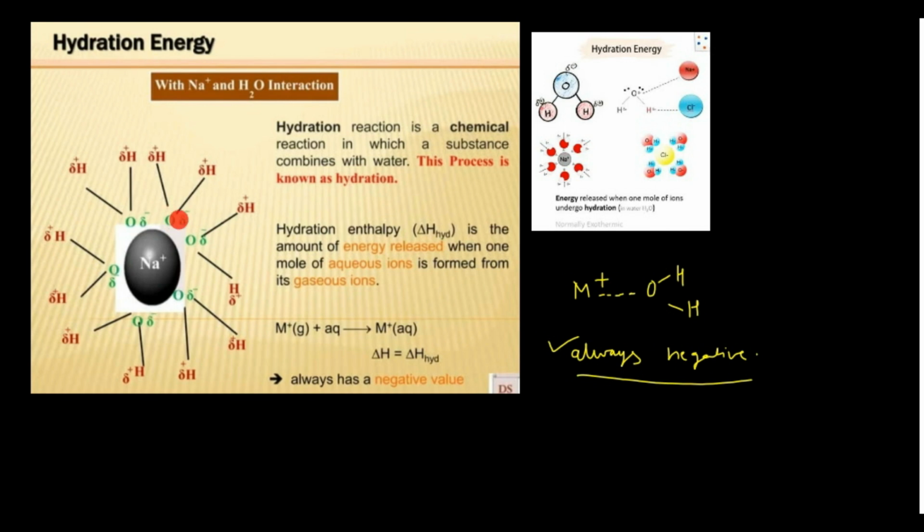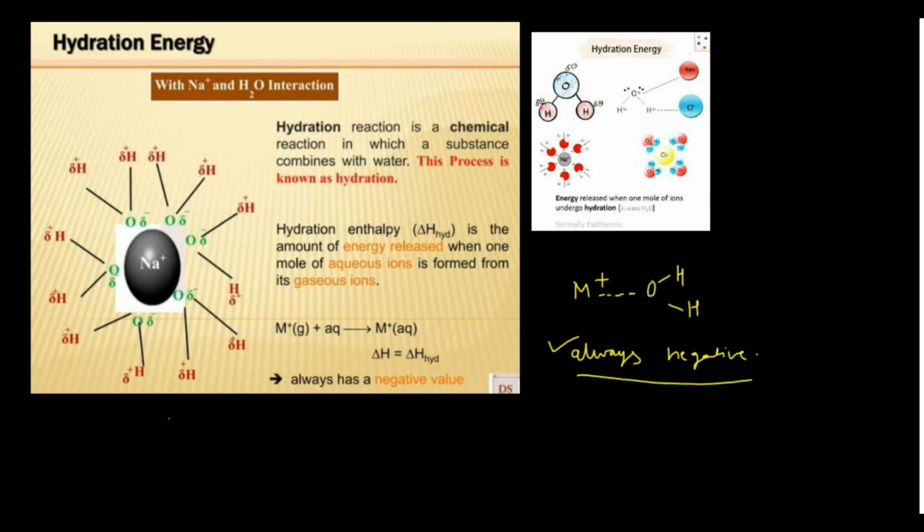So this negative dipole interacts. This will not form any bond. You cannot think that the sodium ion is going to form a covalent bond or an ionic bond with it. It is only the interaction between the dipoles. Please remember. And this gets hydrated. Hydrated means water molecules will surround it, and during this process lots of energy is released. That means the reaction is exothermic, and that released energy is your hydration energy.